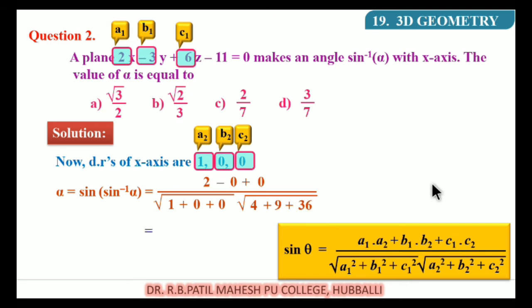So by simplification we have 2 by square root of 1 into square root of 49, that is 7, 7 into 1 is 7. So 2 by 7 is the right answer here.